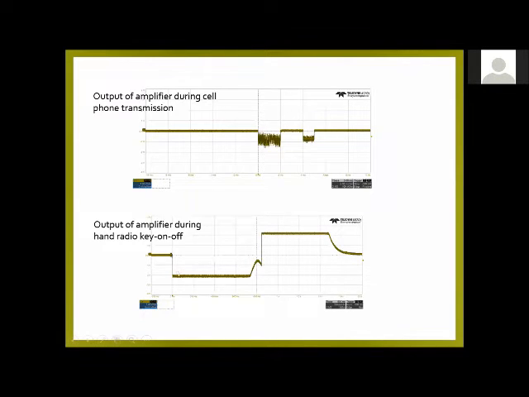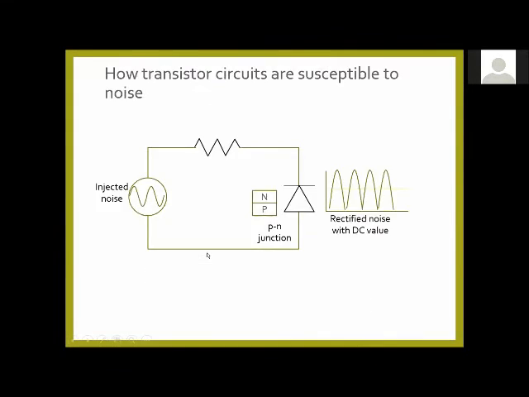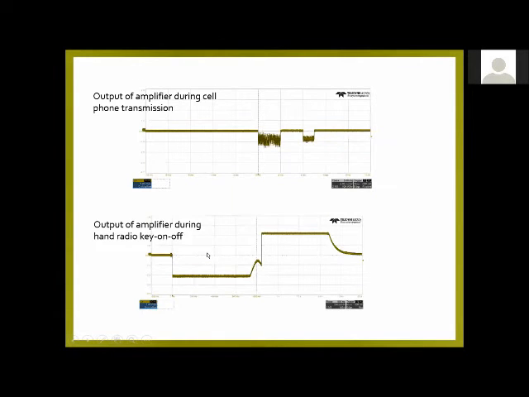However, that illustrates a problem because now I've taken something which is a high frequency noise and I've turned it into a DC level. And DC levels are what we use to do everything, trigger relays, trigger events like the ejection seat problem or airbags or whatever. So what causes that?